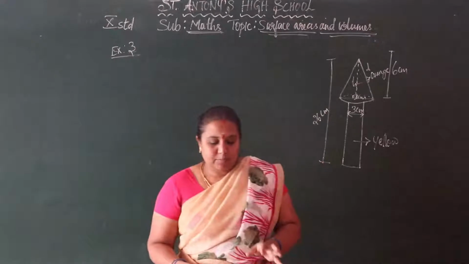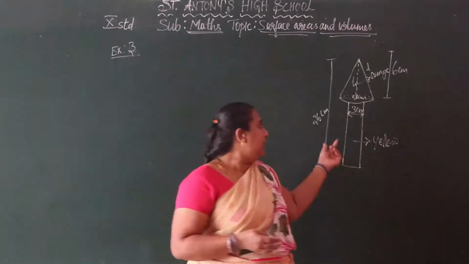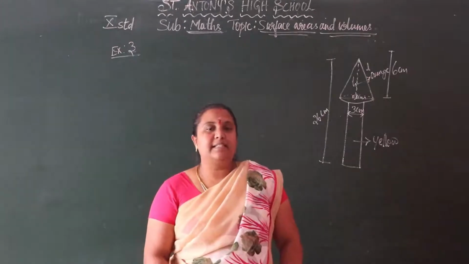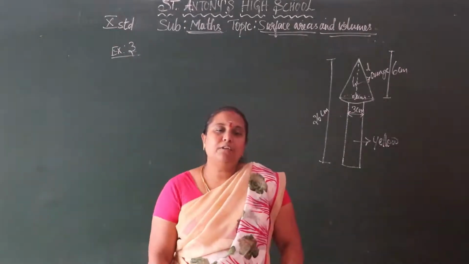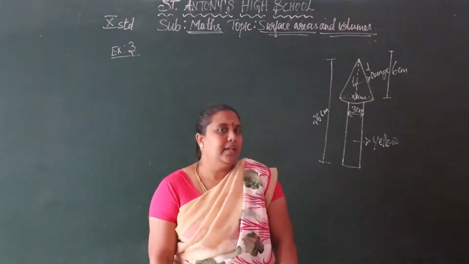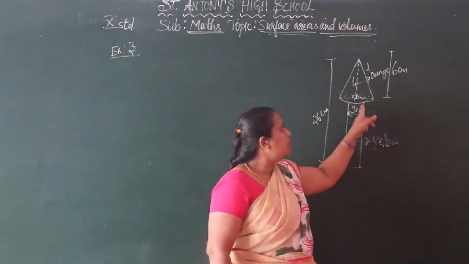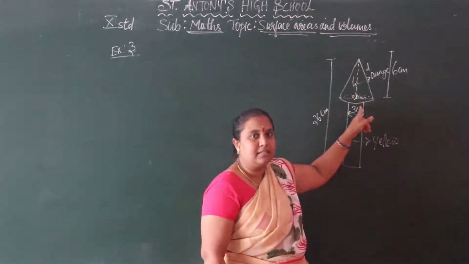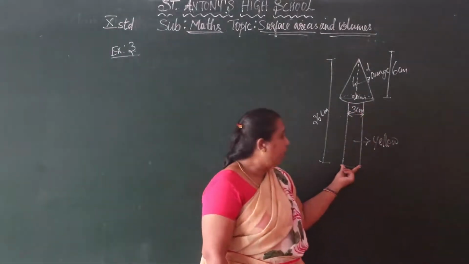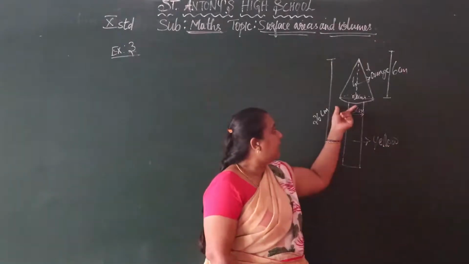Then we move on to the cylindrical portion. What is the formula for the area of a cylinder? We want the area of the cylinder, but we can't find the total area, because one end is closed by the conical part. One end of the cylinder we have, and the other end we don't.